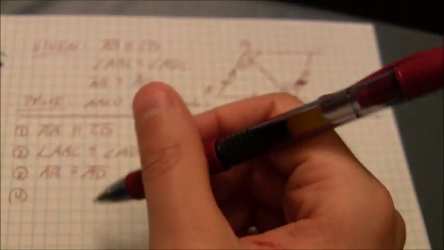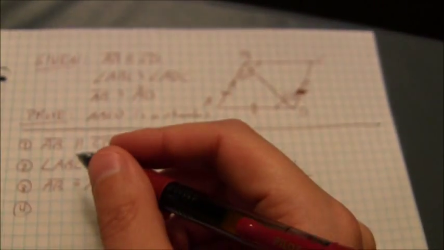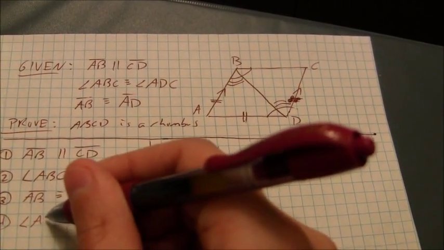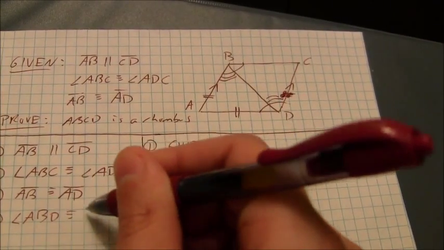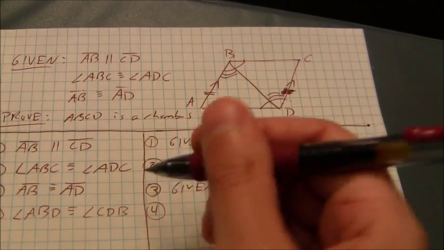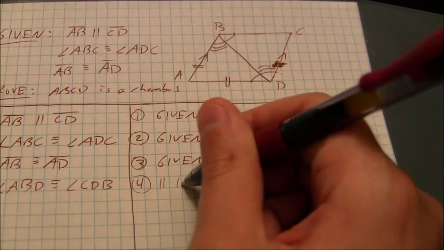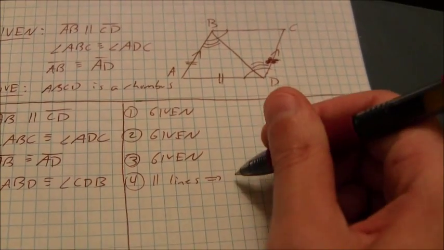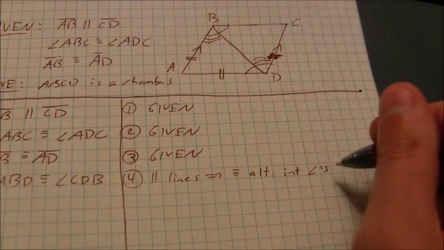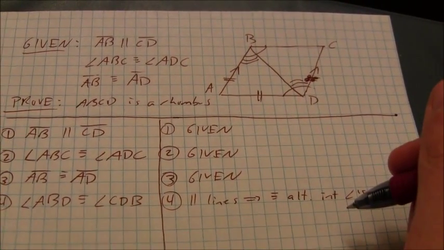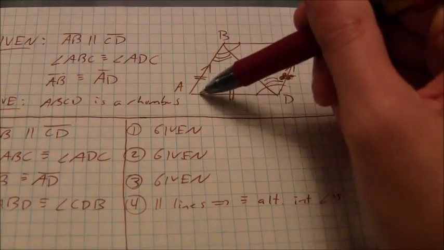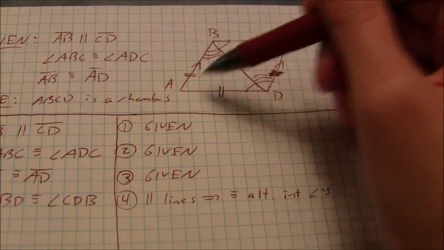In this case, that is angle ABD congruent to angle CDB, and that's parallel lines implies congruent alternate interior angles. And what I need to do now is I need to prove that this other pair of lines is parallel so I can show my parallelogram.